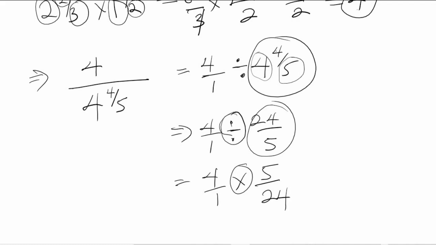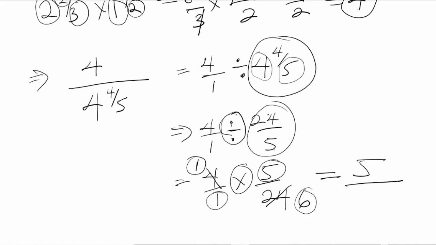So this becomes 4 over 1 times 5 over 24, because we are now converting this division to multiplication. So 4 will cancel out this 4 to be 1, and 24 to be 6. So the final equation becomes 1 times 5, which is 5, over 1 times 6, which is 6. Very easy.